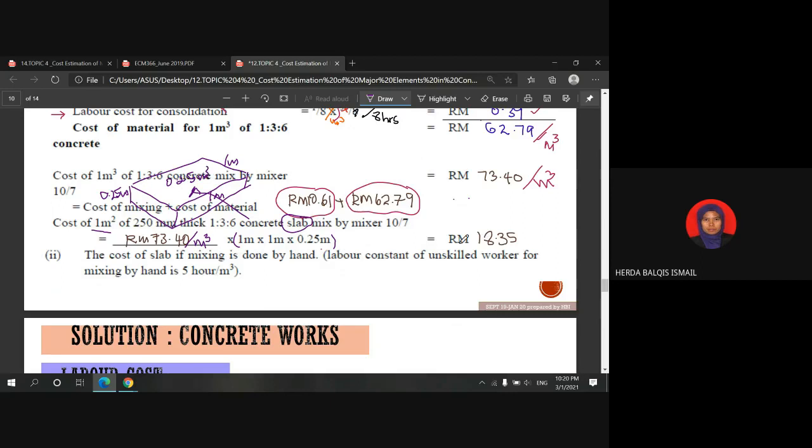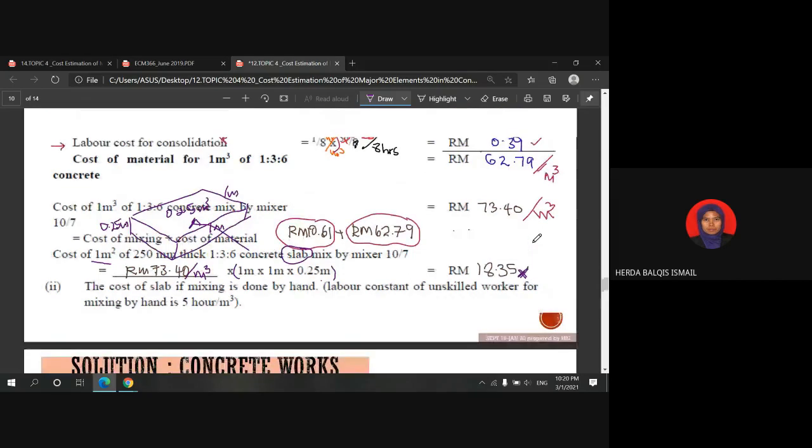You multiply the values, then you will get 18 ringgit 55 cent. So this solution is to answer question 1.